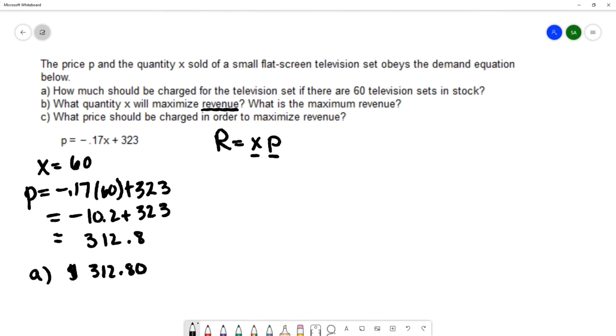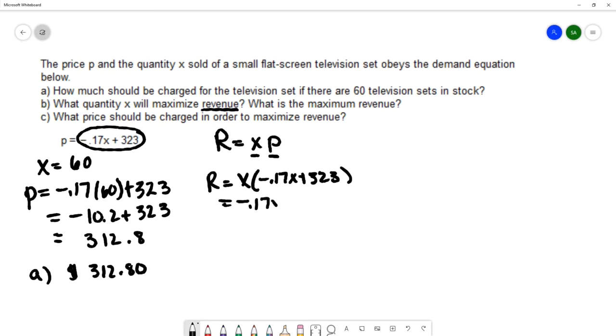So before we can answer part B, we need to build the function that represents revenue. So revenue is X times P, and for P we're going to use this right here. Negative 0.17x plus 323. That's negative 0.17x squared plus 323x.